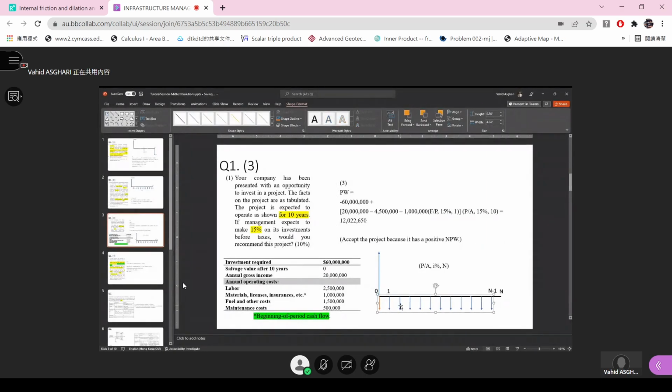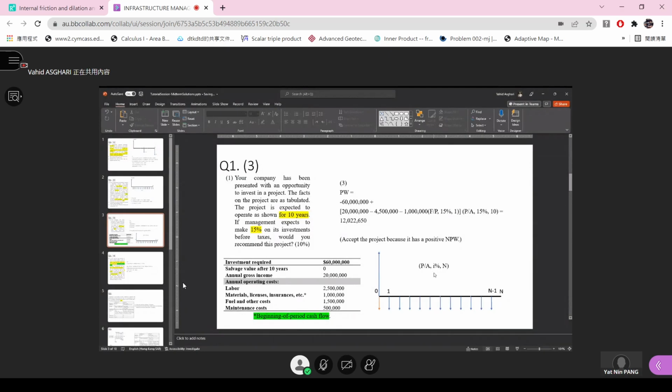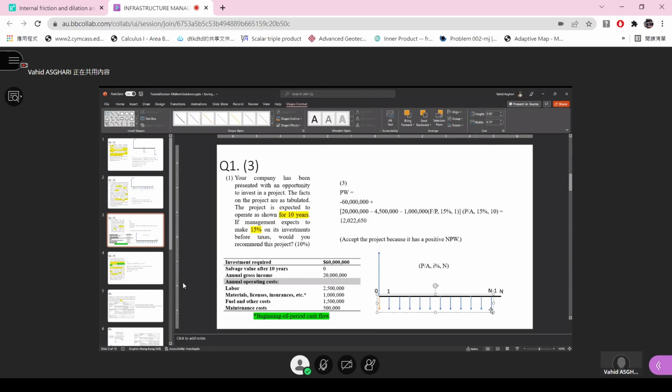Or perhaps you can move the cash flow back 1 year, and now you can use it for 10 years. But what about this orange payment, the first payment? I separated the first one.